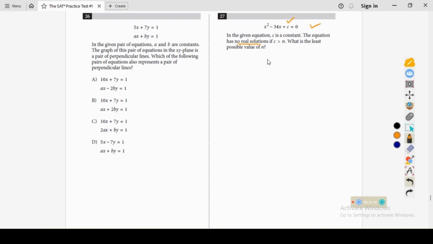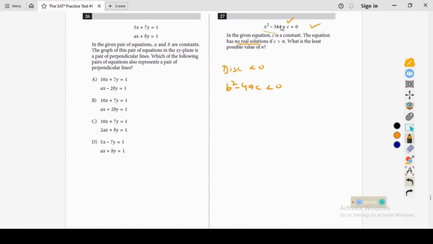An equation has imaginary solutions only if the discriminant of the equation is less than 0. That is b squared minus 4ac is less than 0.